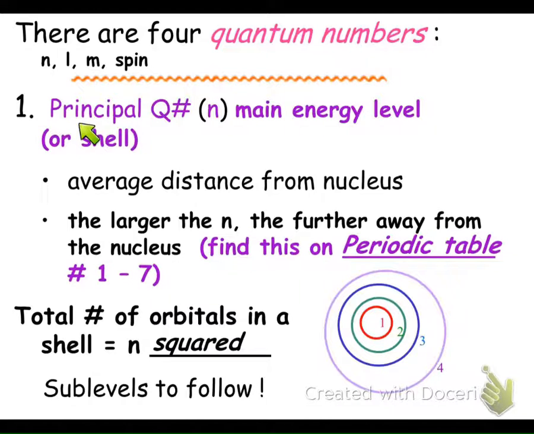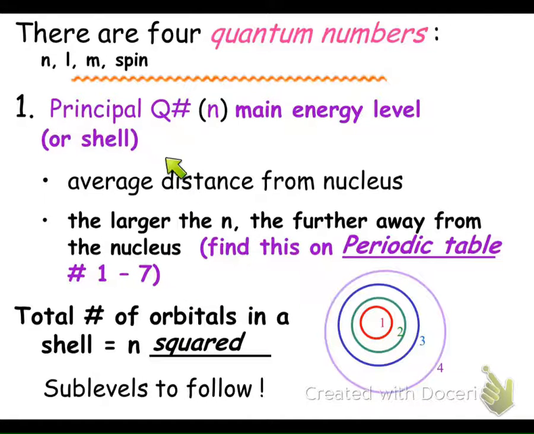Our first quantum number is just the principal energy level, or shell. It's the average distance from the nucleus. The larger the N value, the further away from the nucleus the electron is most likely to be. If you notice, there are possible 1 through 7 shells, and if you look at the periodic table, there are 7 rows.